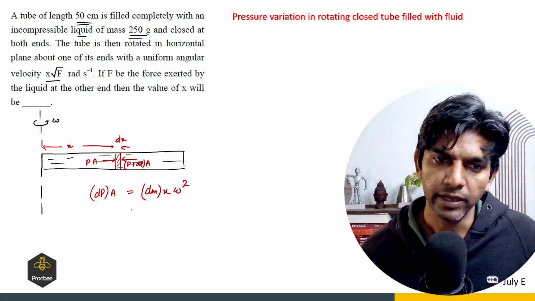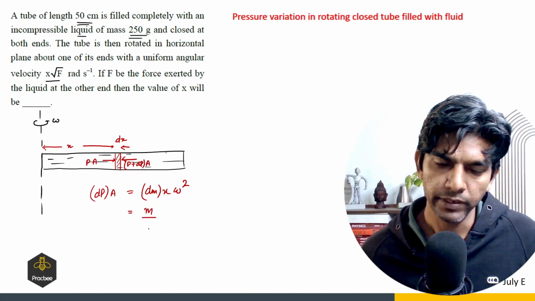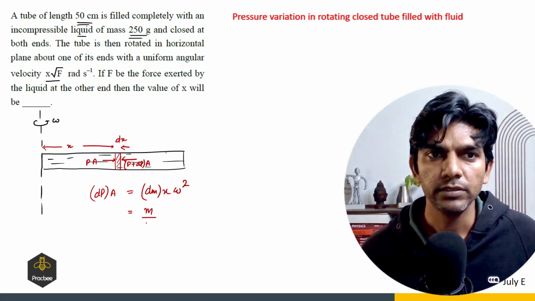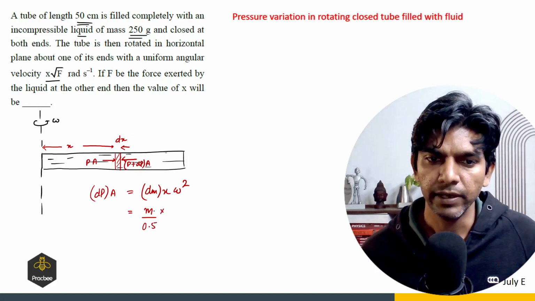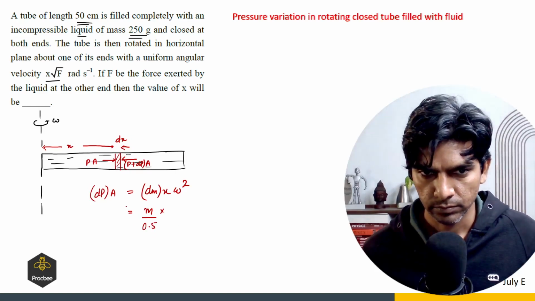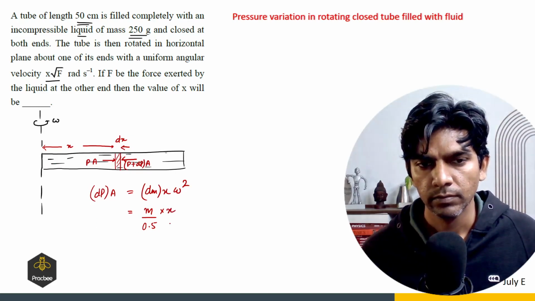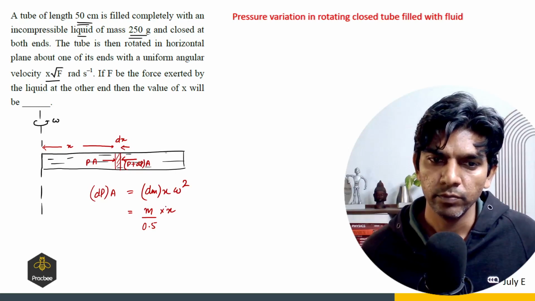Now dm can be written as the total mass of the liquid divided by the length of the column, which is 0.5 meters, multiplied with the length of the element, which is dx.